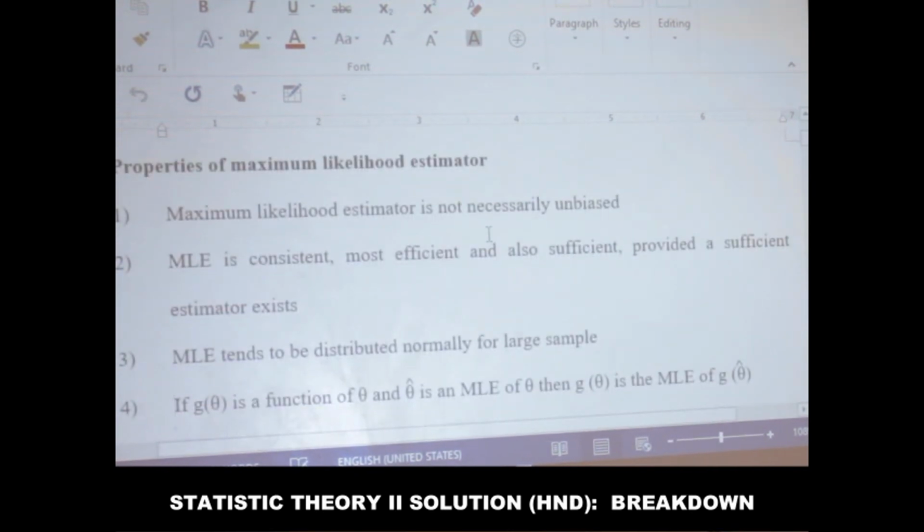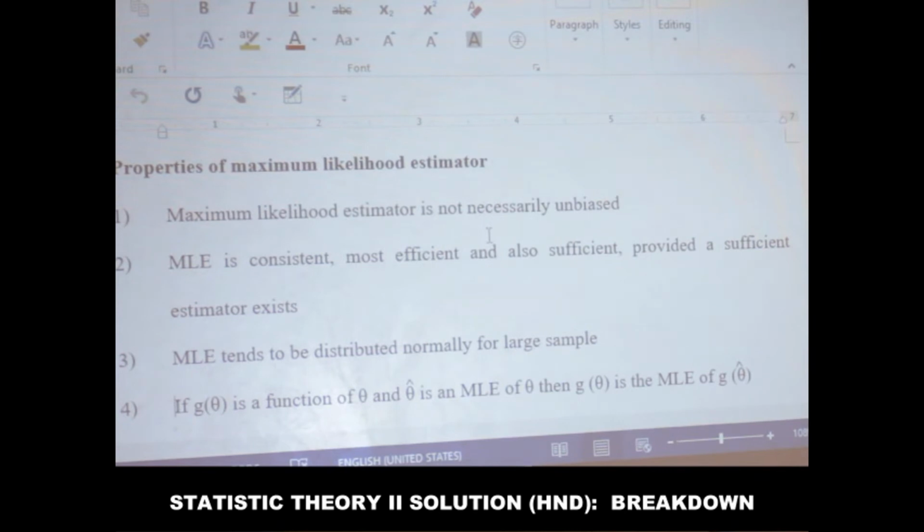Now, the MLE is consistent, which is the basic function of MLE, is consistent, most efficient, and also sufficient. Consistent means that the likelihood solution continues from the first solution to the end. That is consistent. It does not change easily.